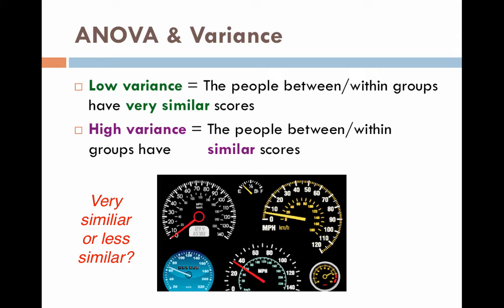So we're going to expect that there isn't going to be much variability within the group, so there's going to be low variance. Conversely, if we have high variances, well, the people between our groups or within the groups have less similar scores. If they look different, the more different there is, the more variability, the higher the variance is.